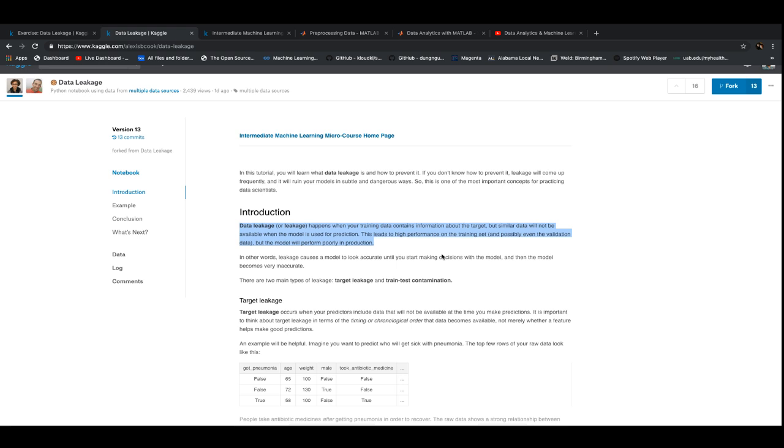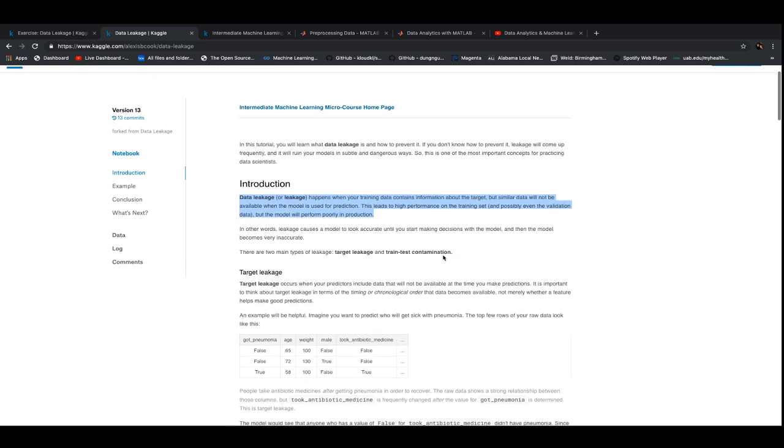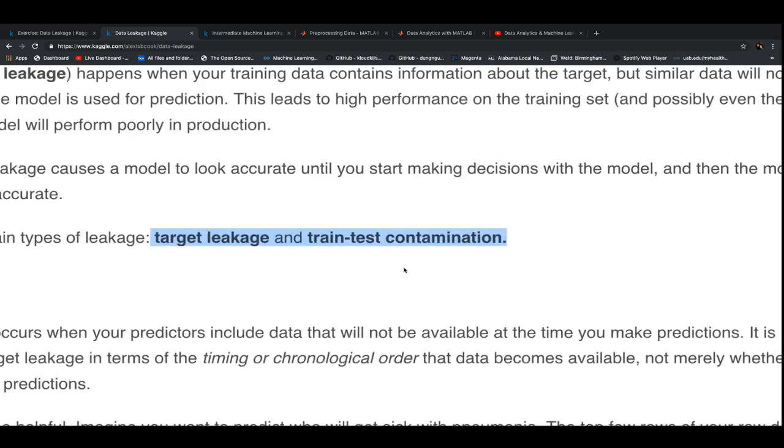Data leakage, roughly defined, is anytime you're training your model using information that you won't have when you need to be making the prediction. So here on Kaggle, they're talking about two main types of leakage, target leakage and train test contamination.